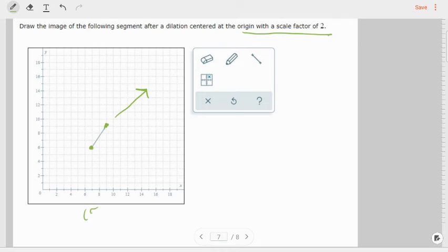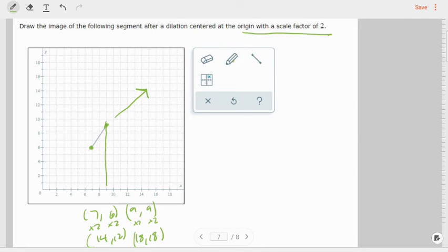So I have the ordered pairs 5, 6, and 9. Oh, I totally wrote that down wrong. That is not 5, 6. That is 7, 6, and 9, 9. My scale factor is 2, so I'm simply going to times everything by 2. This is 14, 12, and 18, 18.